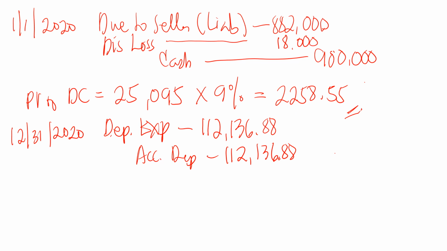Ayan, so the journal entry is debit to interest expense, or in the book, the author used accretion expense.